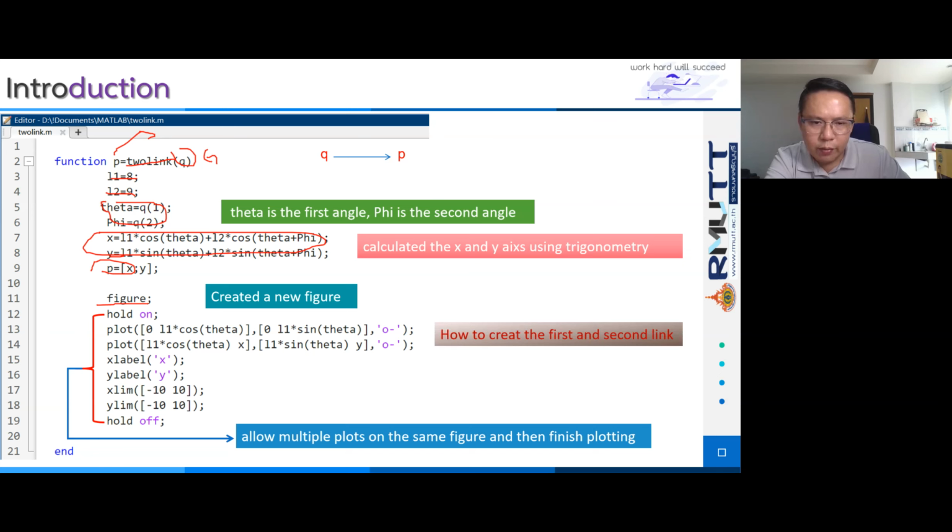For this, the first link is plotted from the origin 0, 0 to the end of the first link, L1 times cosine theta, L1 times sin theta. The second link is plotted from the end of the first link to the end effector position x, y.